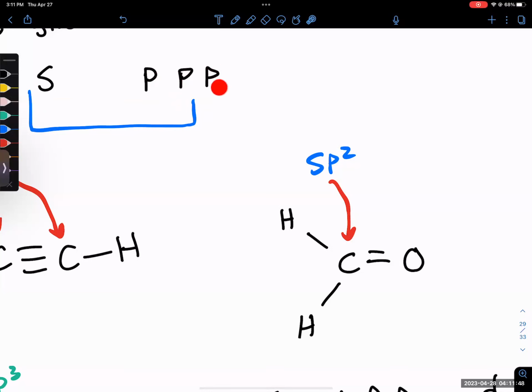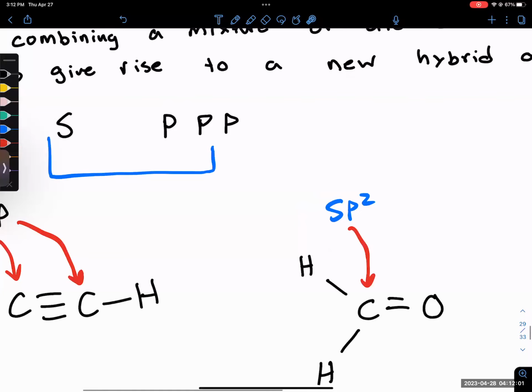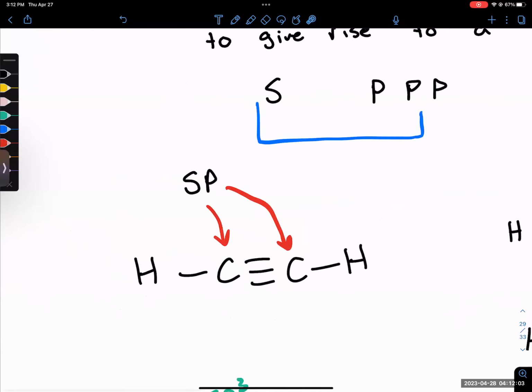Well, we left that other p. This other p orbital is going to be the orbital utilized in that pi bond. So that's the whole idea of hybridization.